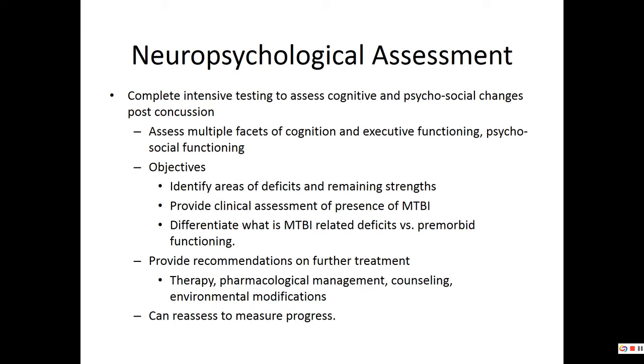So our neuropsychologists sometimes will make a statement in their write-up about pharmacological management and potentially what medications, and then our physician can take those recommendations and do what he feels is best practice for that patient.